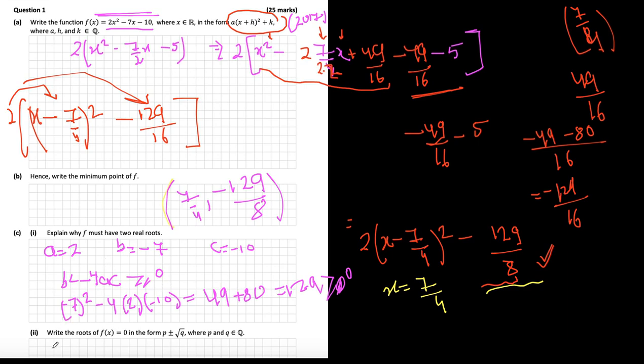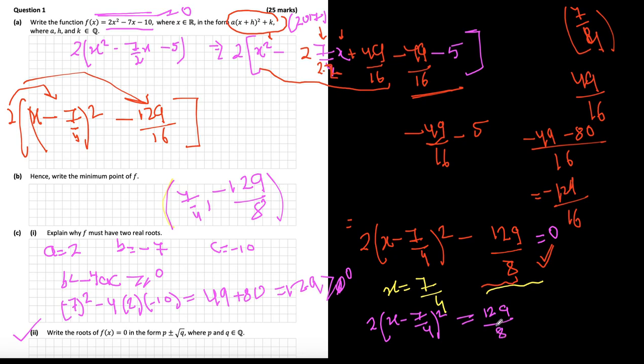Now the third question they have asked, which is the last question, is the roots of the equation. So we know that to find the roots we have to make this equal to 0. So this is my final answer, so I will make this equal to 0, and I will try to solve it. So if you solve it, what you will get, 2x minus 7 over 4 whole square is equal to 129 over 8.